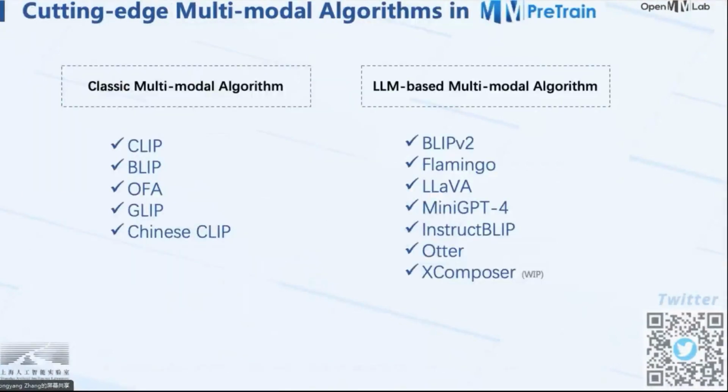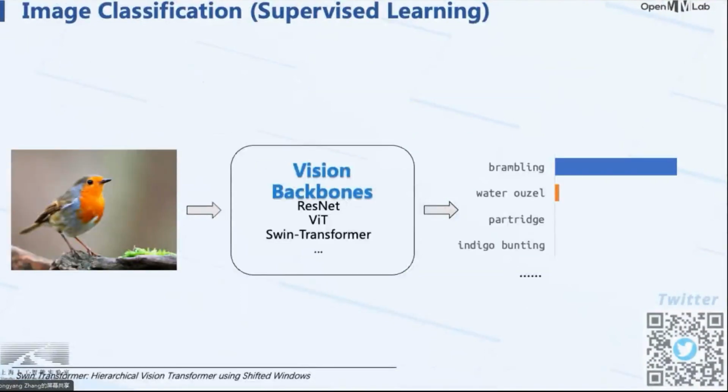Currently, we support cutting-edge multimodality algorithms, like the classical ones such as BLIP and OFA. Also, we support recent LLM-based multimodality algorithms like BLIP-2, Flamingo, LLaVA, MiniGPT-4, and Otter, and Composer is on the way.